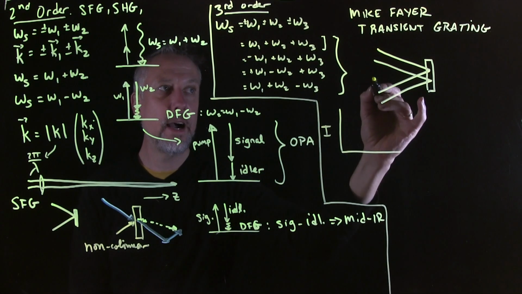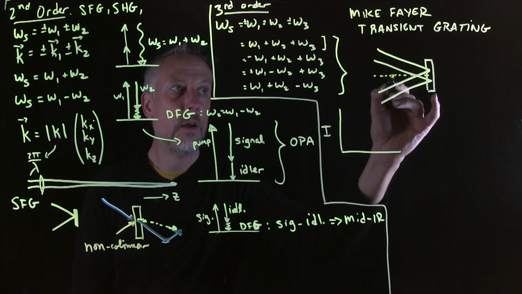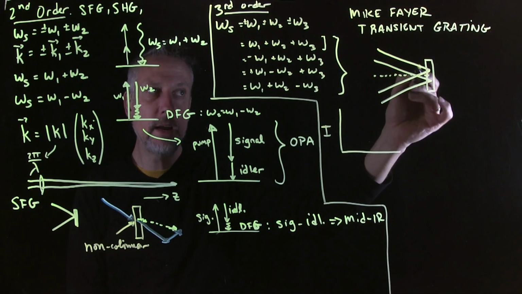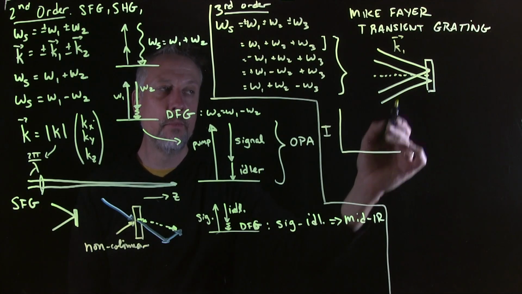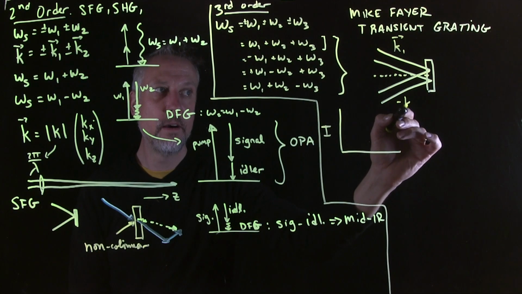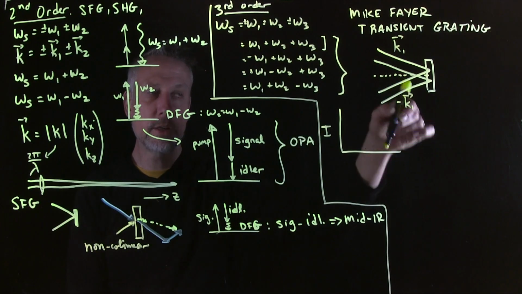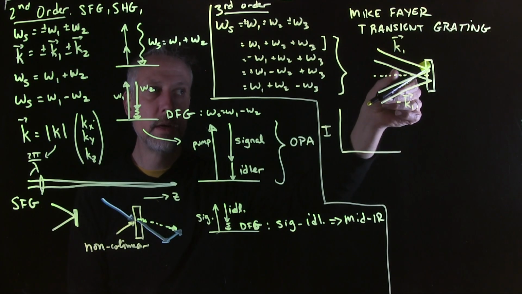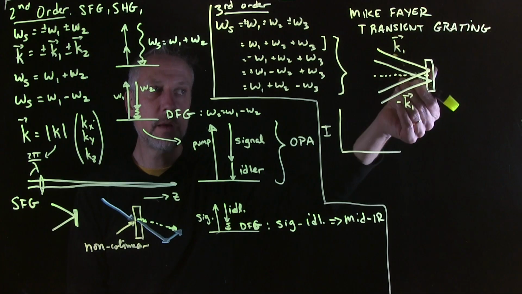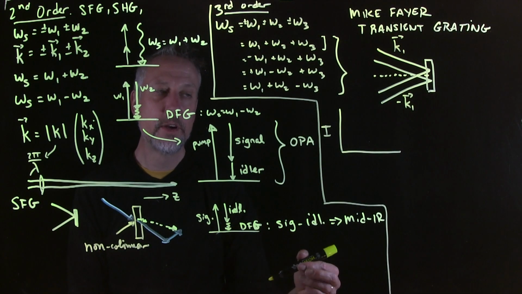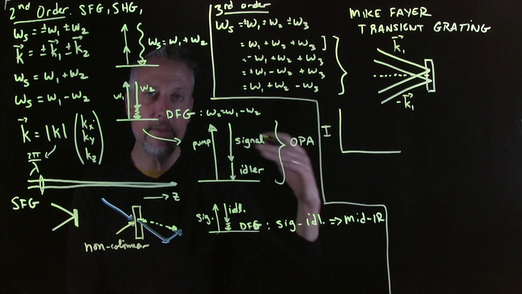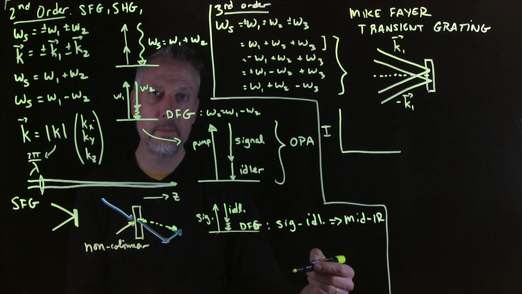So one is going to have, let's say, plus K1, and the other one has minus K1 because it has the other direction, the other projection. Think about what that would be, right? So when you interfere the 2 of them, you're going to get a standing wave when you add them and then square them, because that's what intensity means.